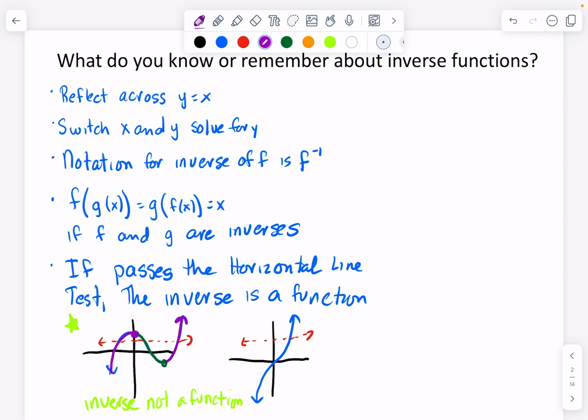Versus on this one over here, my derivative is always positive.